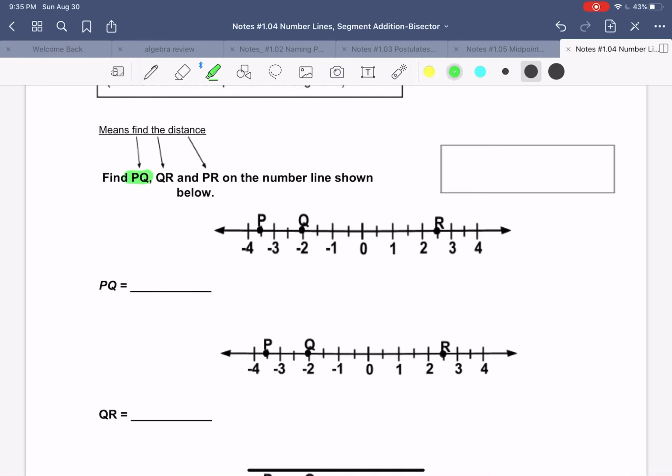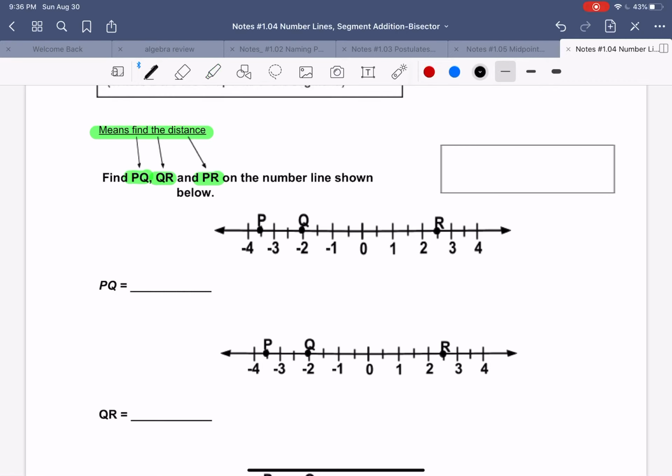So this is going to be very important. When two letters are together like that, that does not mean line PQ, line QR, or line PR. This is why I emphasized when labeling lines that you put the line on top, or you put the ray on top, or you put the line segment on top, because two letters put together with nothing on top of them, no line indication, means find distance.